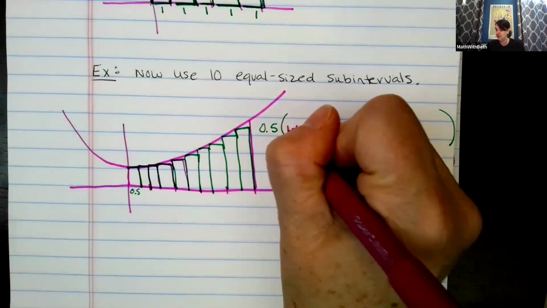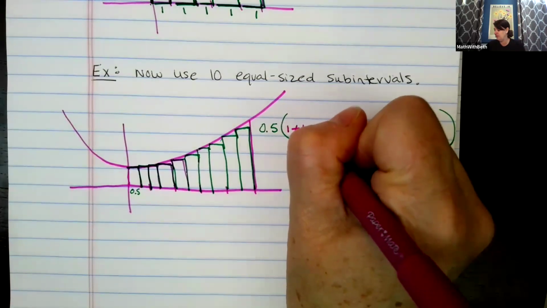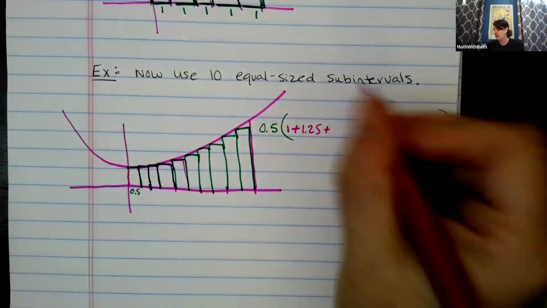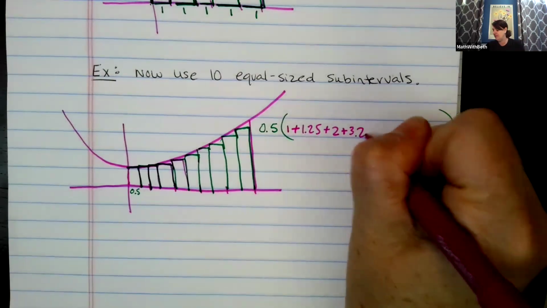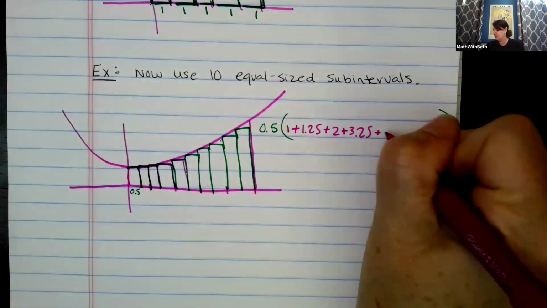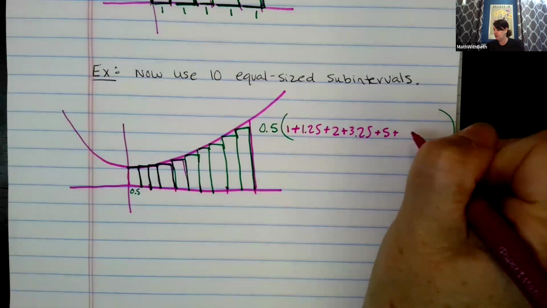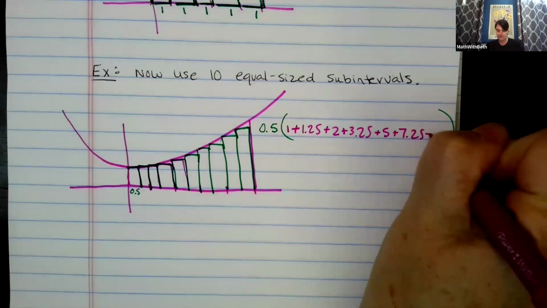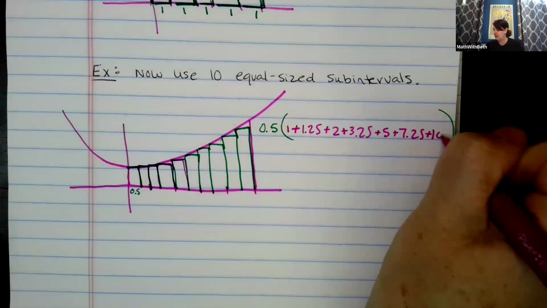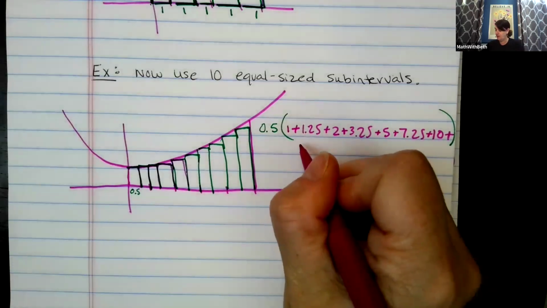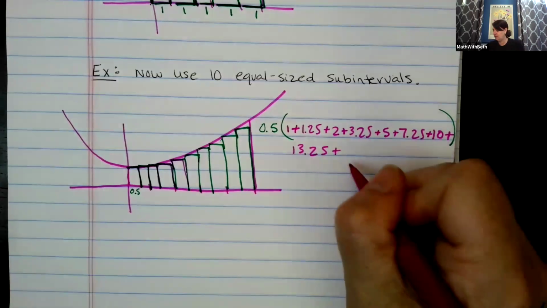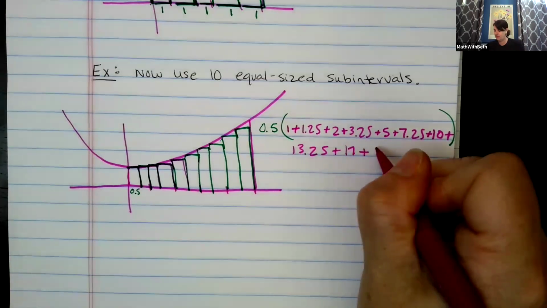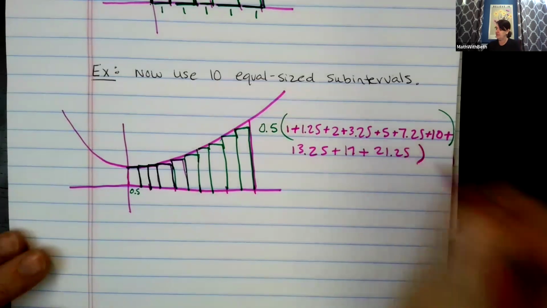So this is plugging in 0. This is plugging in 0.5, 1, 1.5, 2, 2.5, 3, 3.5, 4, and 4.5.